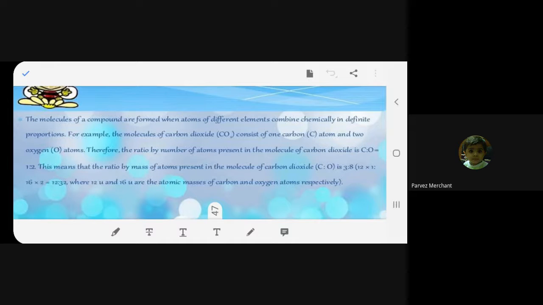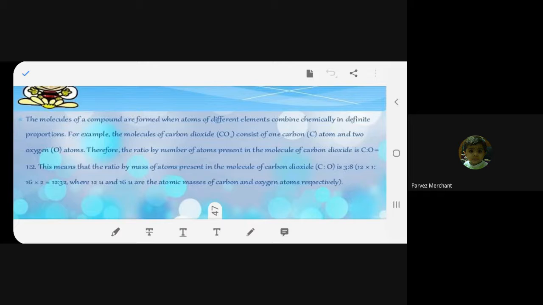Therefore, the ratio by number of atoms present in the molecule of carbon dioxide is C is to O equal to 1 is to 2. This means that the ratio by mass of atoms present in the molecule of carbon dioxide, C is to O, is 3 is to 8. 12 into 1 is to 16 into 2 is equal to 12 is to 32, where 12 u and 16 u are the atomic masses of carbon and oxygen atoms respectively.